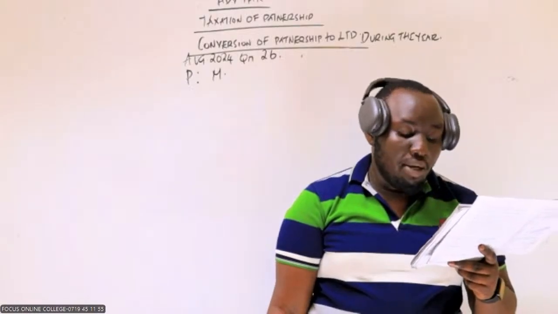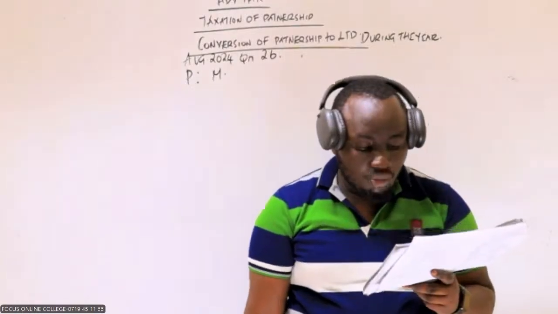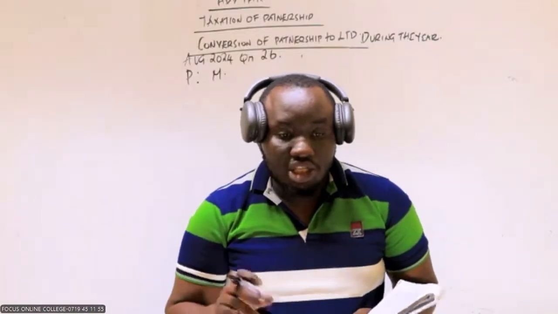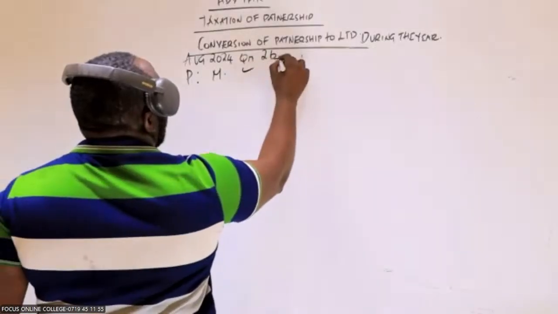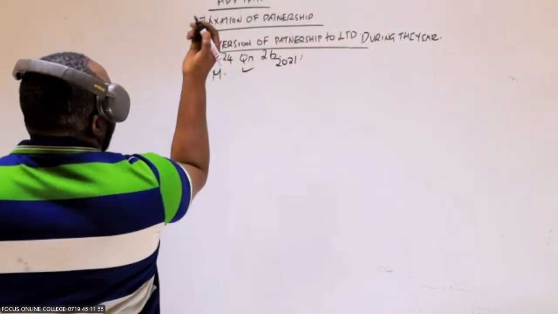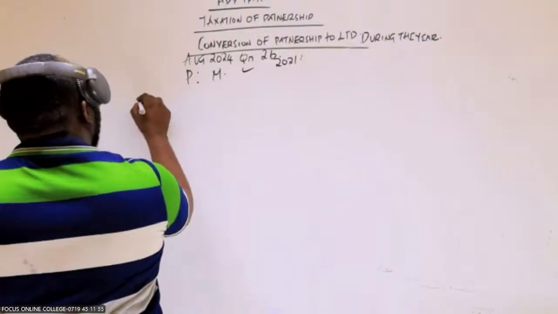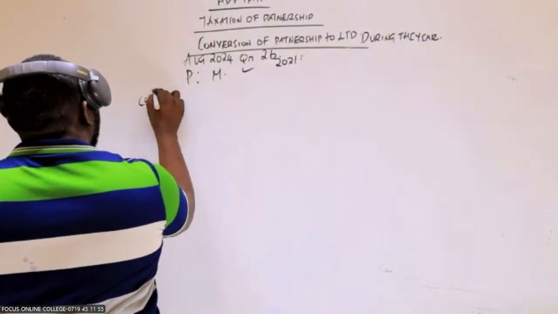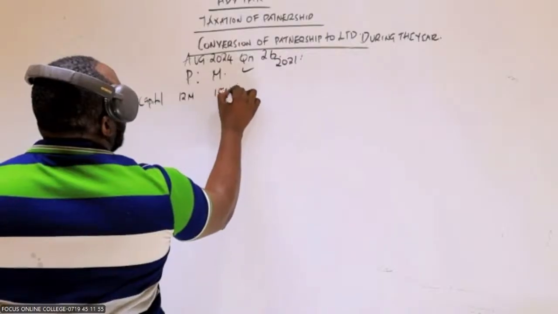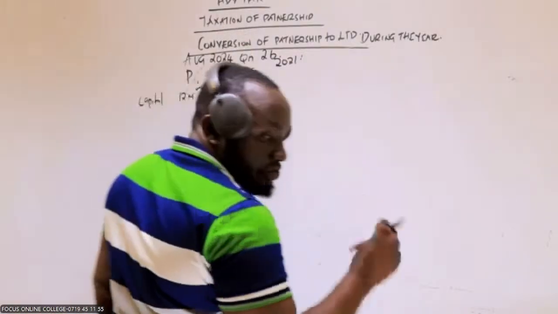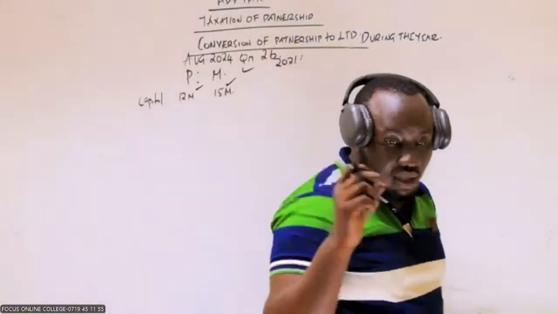Then we have Mark contributing a capital of 15 million for Paley and Mark respectively together. So these individuals have basically been in partnership from 2021. Each contributed a capital. Paley contributed a figure of 12 million, and Mark contributed 15 million together.